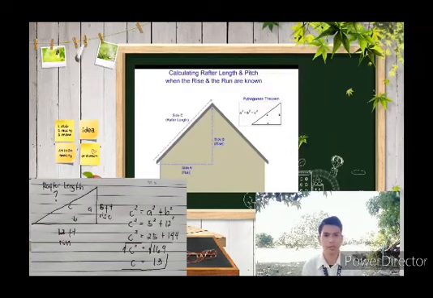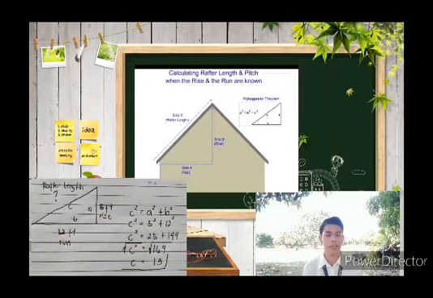So, we have now c squared is equal to 25 plus 144. C squared is now equal to 169. So, let us just get the square root of both sides. Square root of c squared is just c, and the square root of 169 is 13.